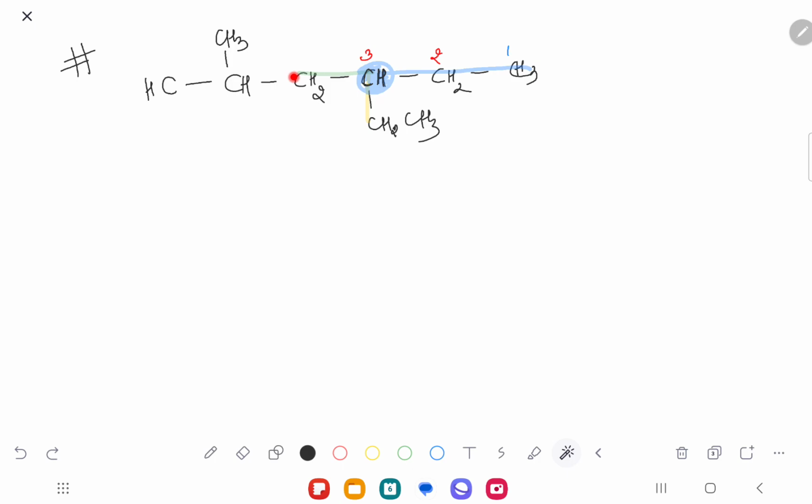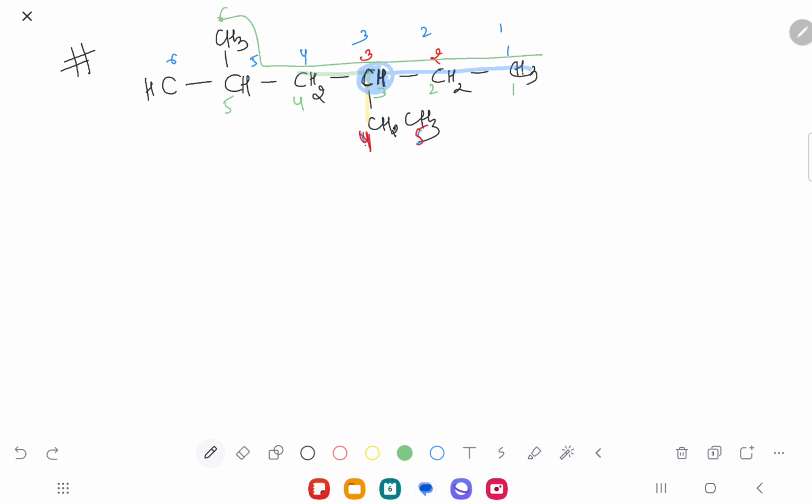You can move 1, 2, 3, 4, 5, in red, or 1, 2, 3, 4, 5, 6, the blue numbering, or 1, 2, 3, then forward 5 and 6. So how many chains could you see?